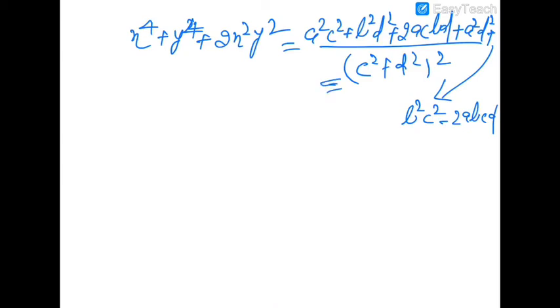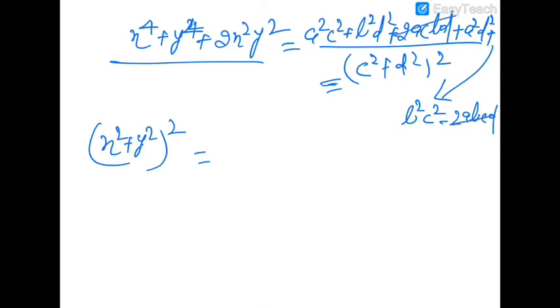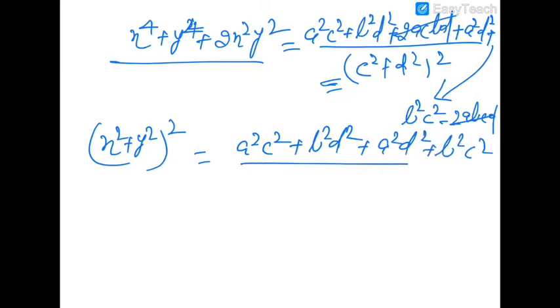Now this side we have (x² + y²)² coming, and on this side, this and this will be cancelled because ABCD all four are written here. Now the rest we will write here: A²C² + B²D² + A²D² + B²C² upon (C² + D²)².